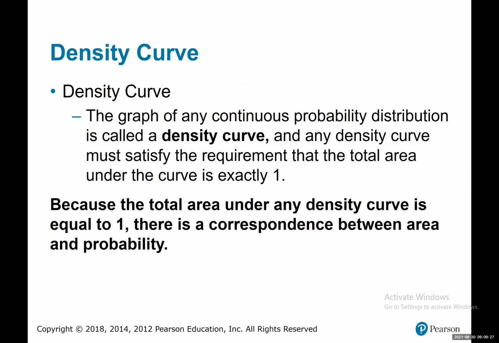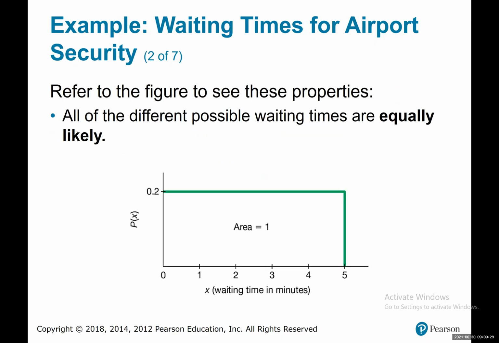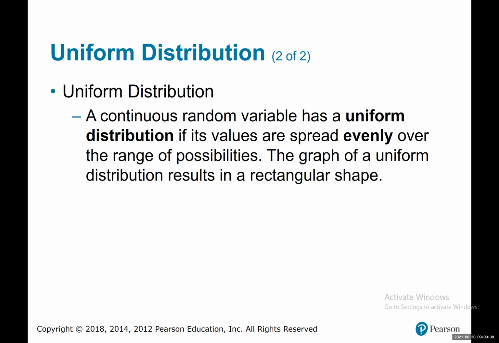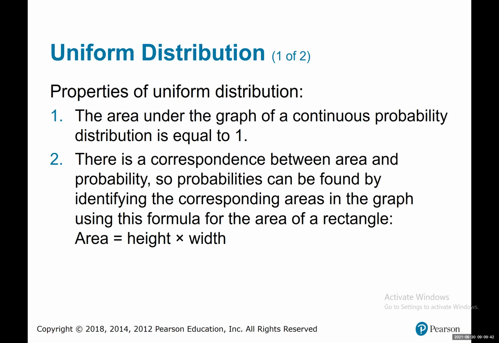A uniform distribution would be something like this, where you have all equal values. It's not a curve, it's just like a rectangle. The area under the graph is 1, so the area under the curve of a normal distribution or uniform distribution is always 1 because it's the same thing as the probability.